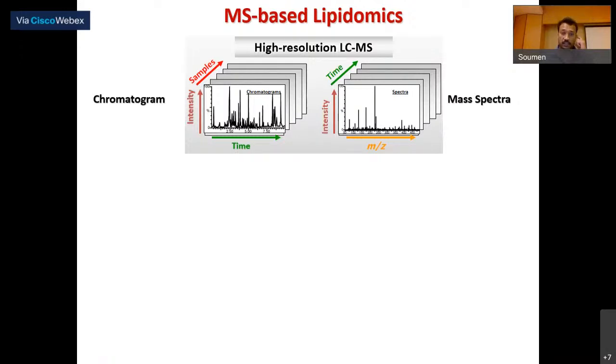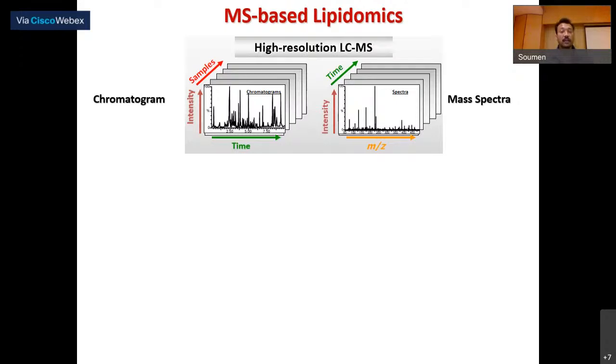As we discussed, once you have analyzed all your lipids, you will again get a chromatogram just as we have shown, and as we discussed earlier yesterday, you will deconvolute them.